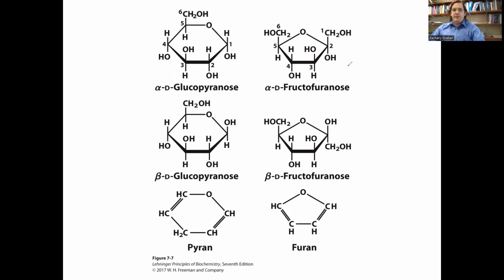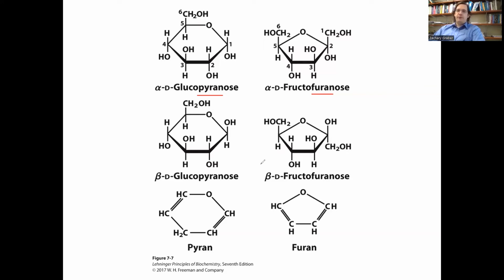So here we can see some of the different representations of our sugars as they cyclize. And of course, if we want, we can also include the pyran or furan in our names here to indicate the ring structure as well. So if you're looking at a ring sugar, you technically should include that pyranose or furanose name to indicate what size your ring is.